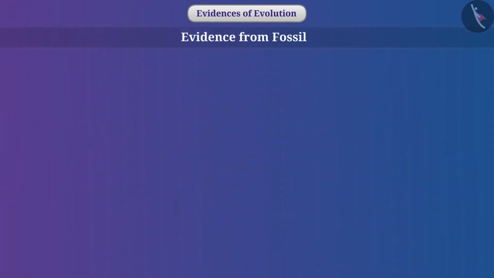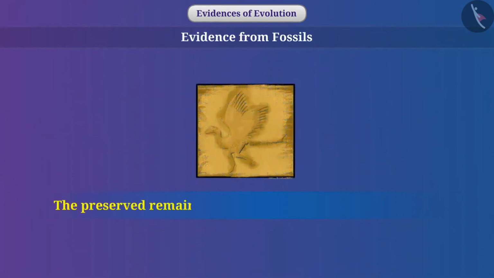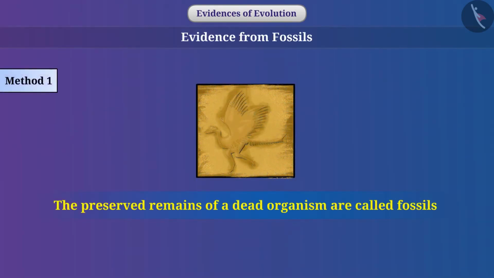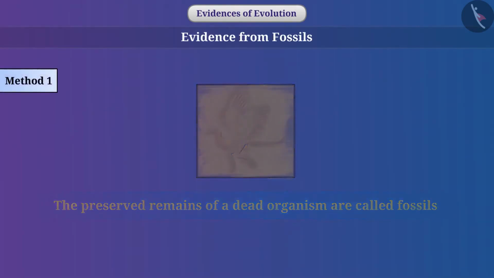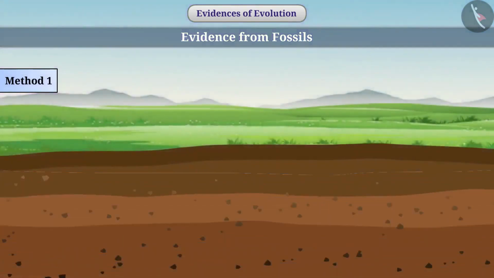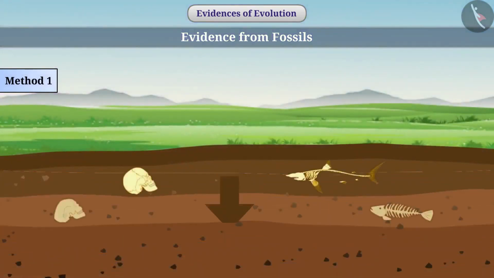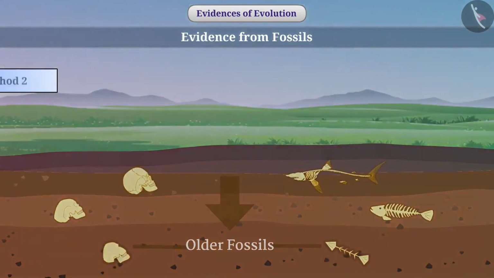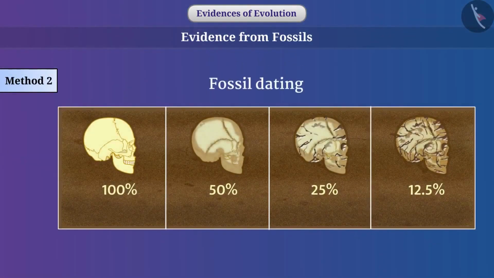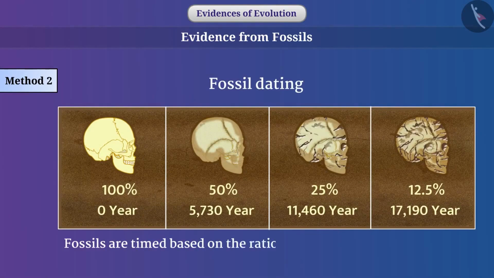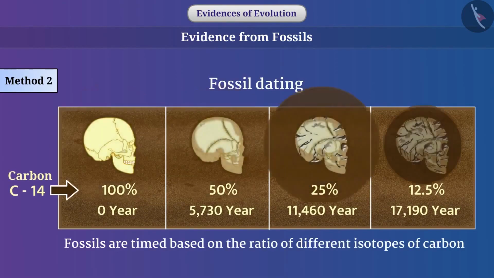Evidence from fossils. The preserved remains of dead organisms are called fossils. One method of finding out how old fossils are is by digging down into the earth. The deeper the fossils are found in the ground, the older they are. Another method is fossil dating, in which fossils are timed based on the ratio of different isotopes of carbon found in a fossil.